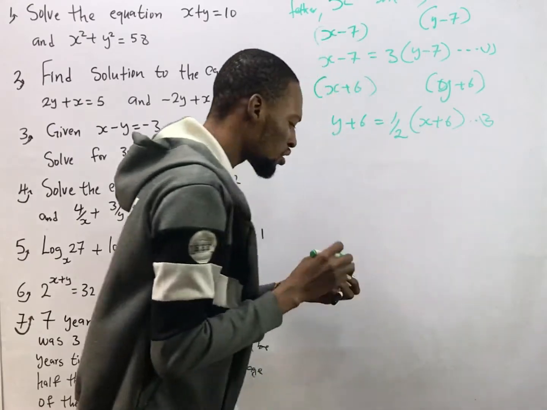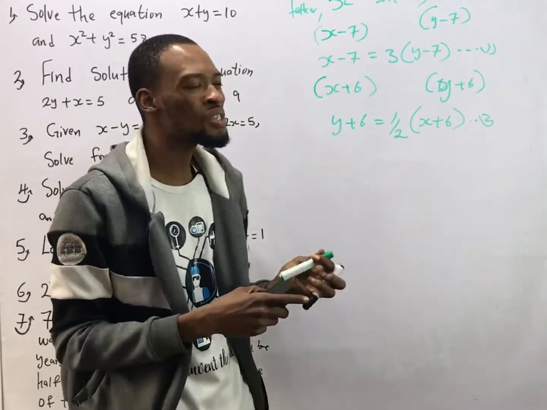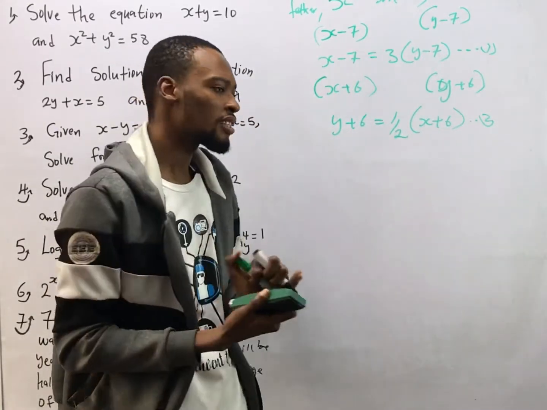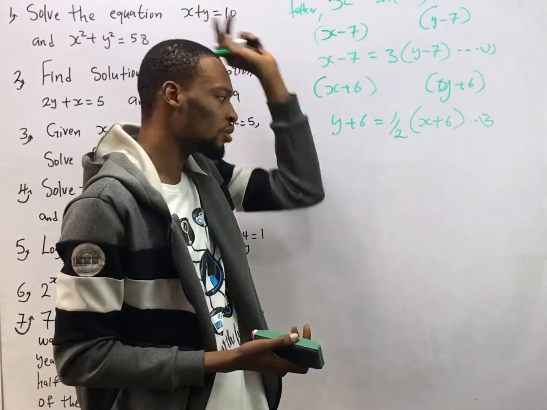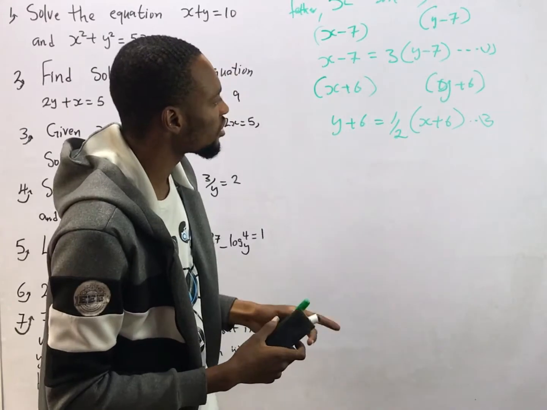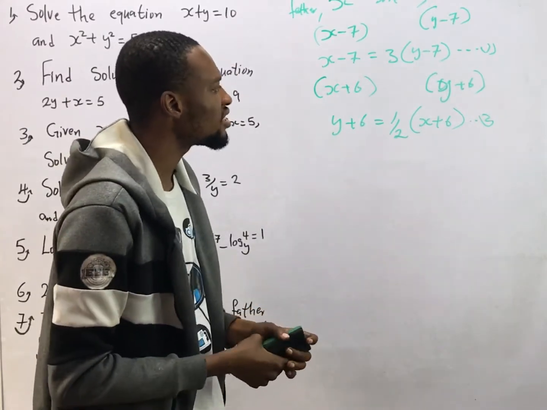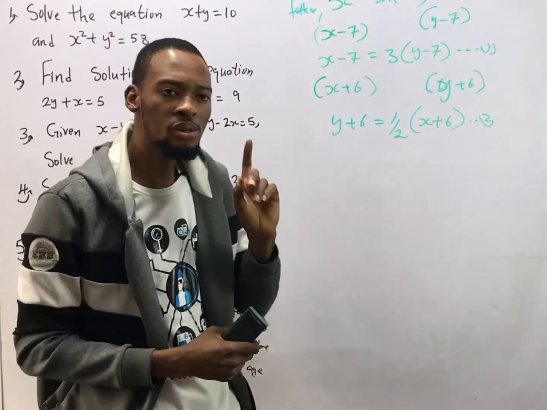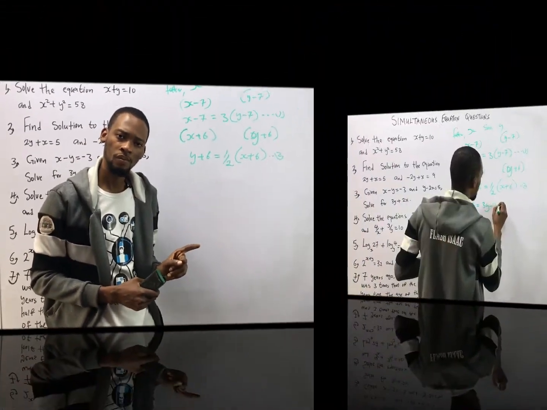So this is a simultaneous equation because it's describing 2 events, the past and the present. So we've expressed for 7 years ago, now we've expressed for 6 years' time. So these are the 2 equations. Now let's rearrange it. You discover that it will lead to a simultaneous equation.